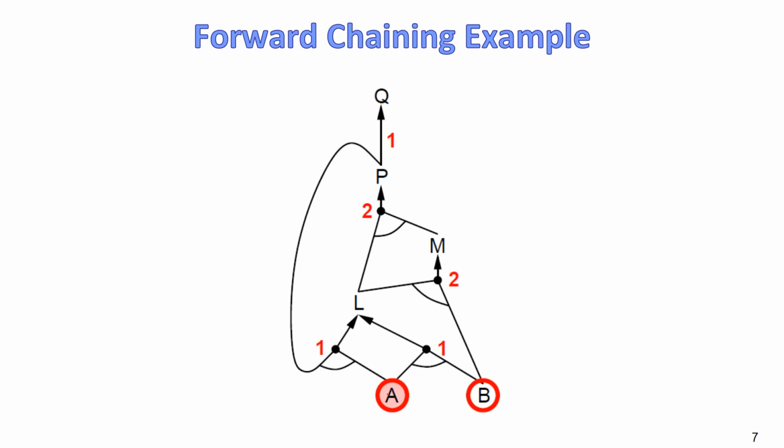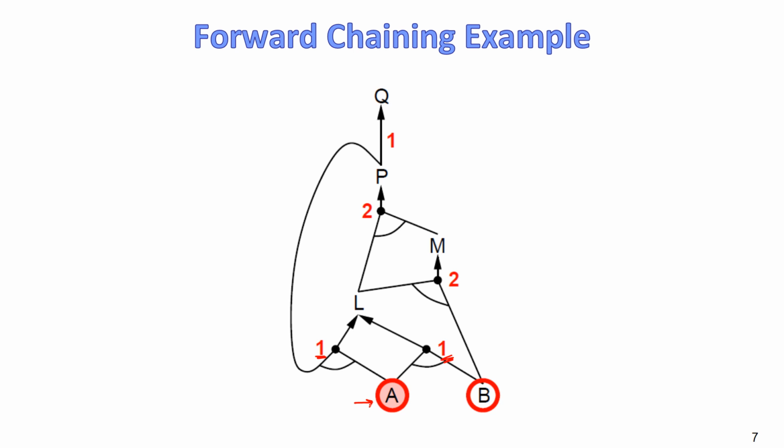A is attached to two implication statements, this one and this one. So once A is activated, these two numbers will be decremented to 1. You see that this is 1 and this is 1, because A was activated.